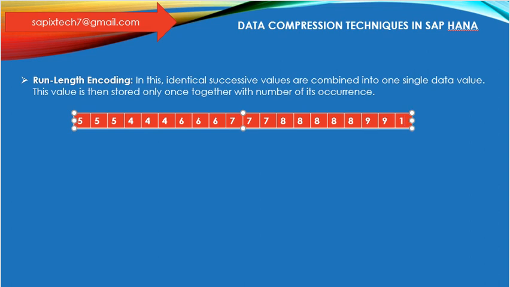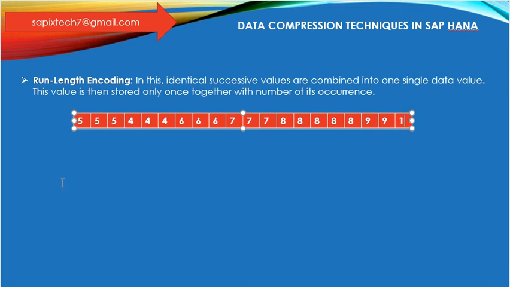After sorting, this will be the structure of your data. There might be names like Sumit, Sumit, Sumit, Vivek, Vivek, Vivek. This kind of data will appear after sorting. So we assume that after sorting, this is the representation of the raw data.